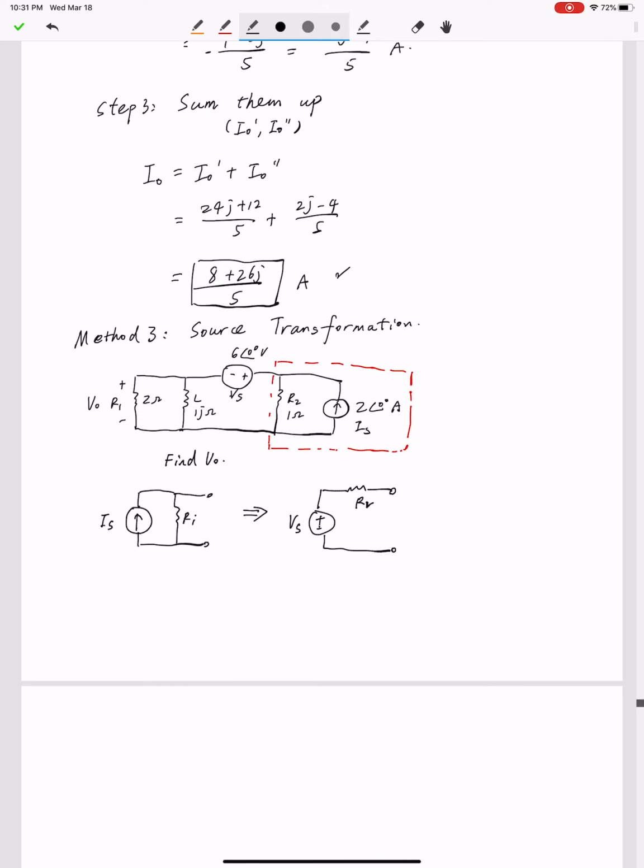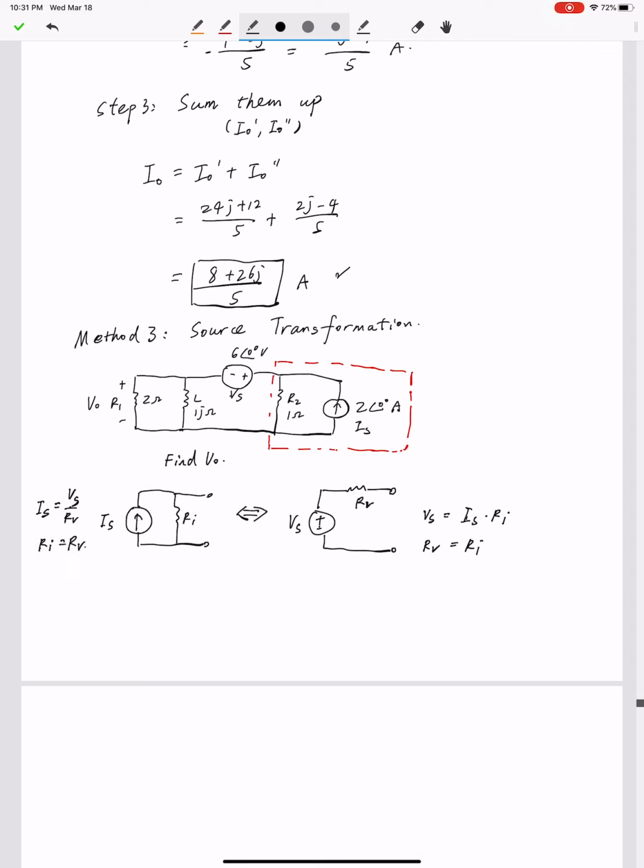This is a bidirectional transformation. Vs equals Is times Ri, and Rv equals Ri. You can also convert from the right-hand side to the left-hand side: Is is Vs divided by Rv, and Ri equals Rv.